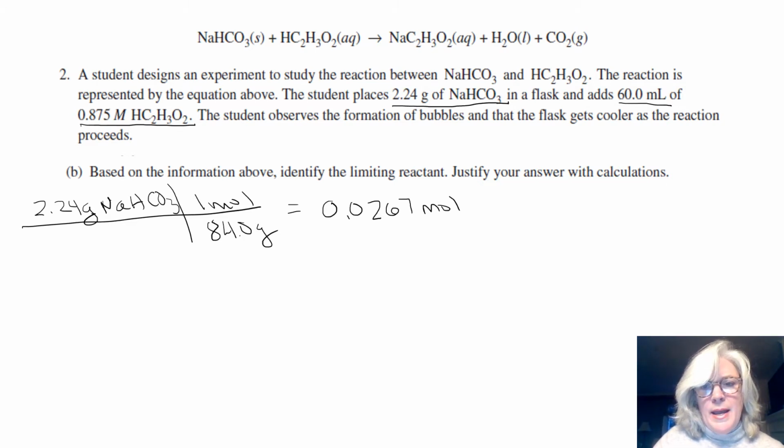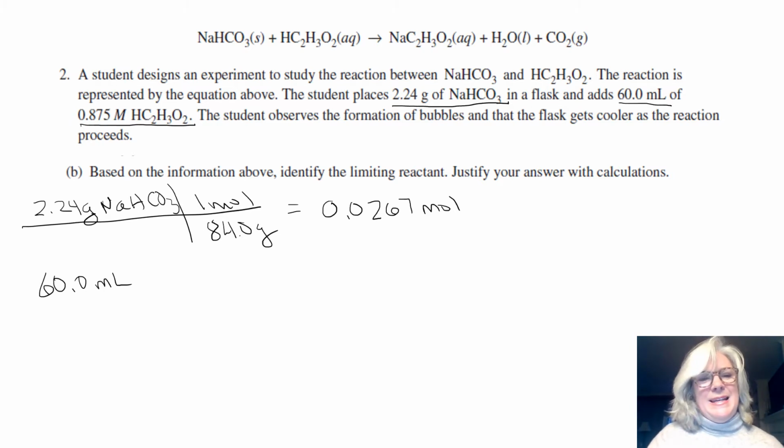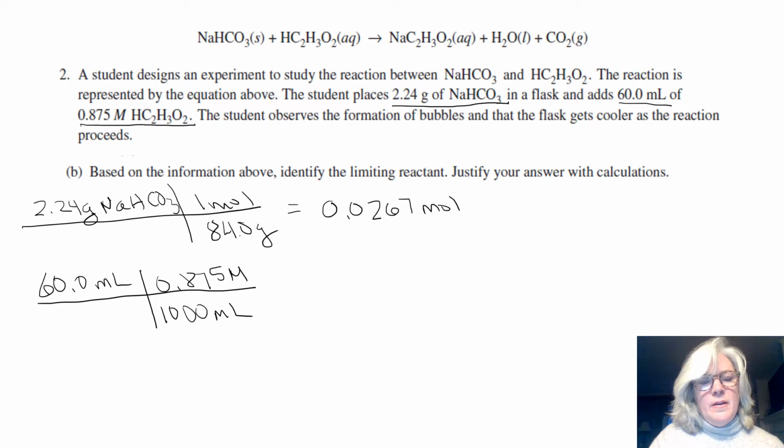For my other reactant, start with what you know. I've got 60 milliliters. I know the molarity is always in liters, so I'm going to convert that to liters, and it's 0.875 moles. Oops, sorry, moles of acetic acid.